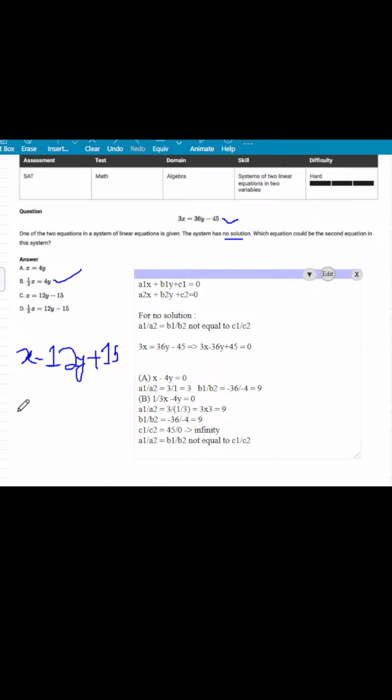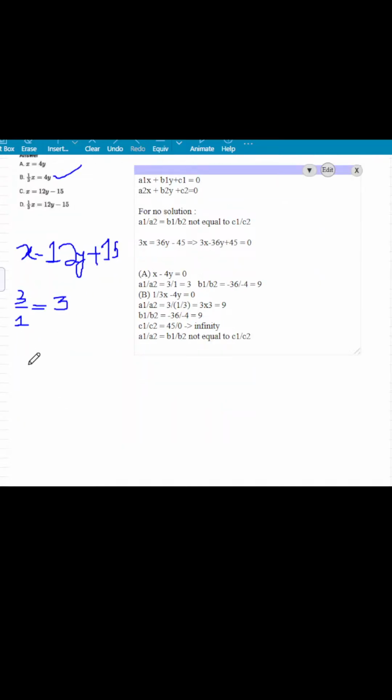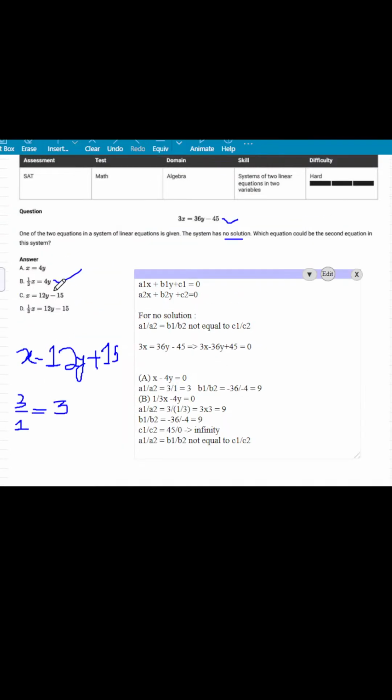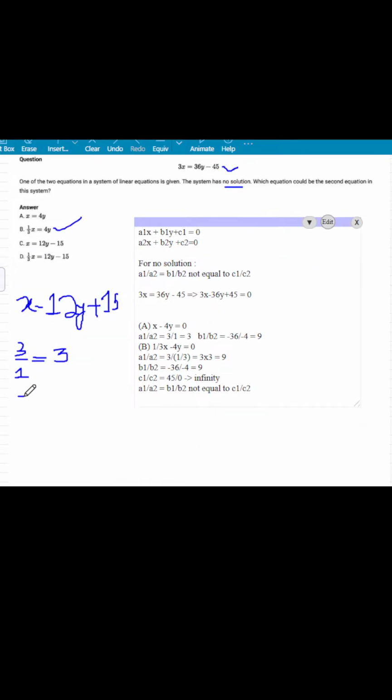If we find the ratio, we'll have 3 by 1, which is 3, for a1 by a2, and for b1 by b2 it would be minus 36 by minus 12, which is 3.